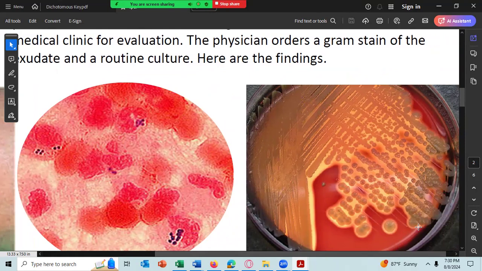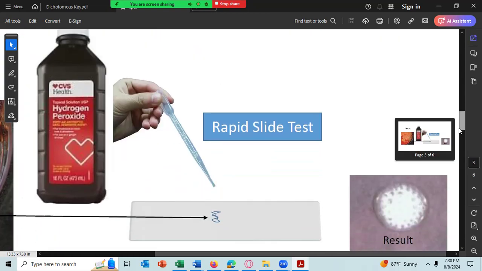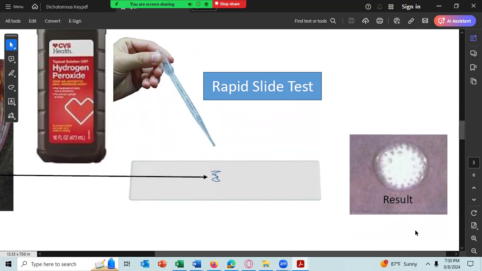And then there's the bacteria grown on blood agar, and you can see a hemolytic pattern there. And then we did some rapid tests. Let me shrink this down a little.